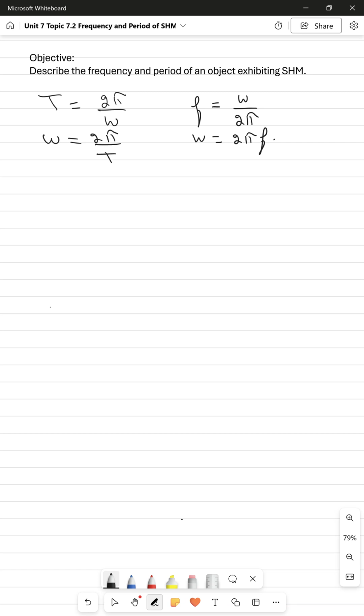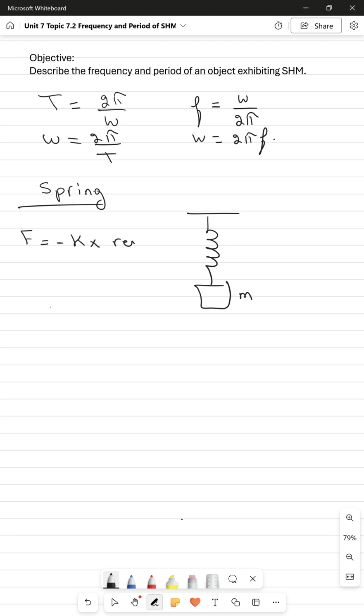Now we want to find an equation for the period for an ideal spring. So we have the spring and we have a mass m over it. Remember from Hooke's law, F equals minus kx. That's the restoring force.